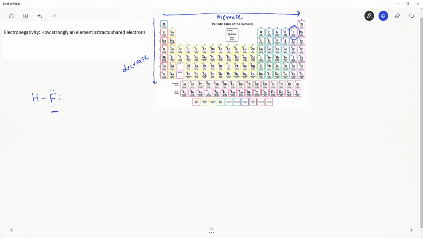This gives fluorine a partial negative charge, and therefore hydrogen has a partial positive charge. The way we represent this is we draw an arrow with a positive end at the less electronegative atom and the negative end, the arrowhead, pointing to the more electronegative atom. We call this difference in electronegativity the dipole moment.